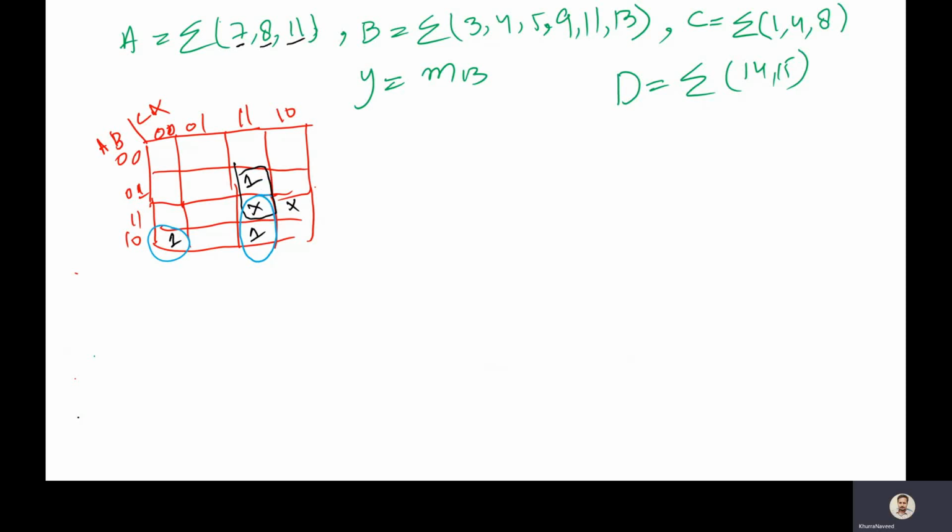So from here we will lose this bit A. We will lose A from here, and from here we will lose B, right?